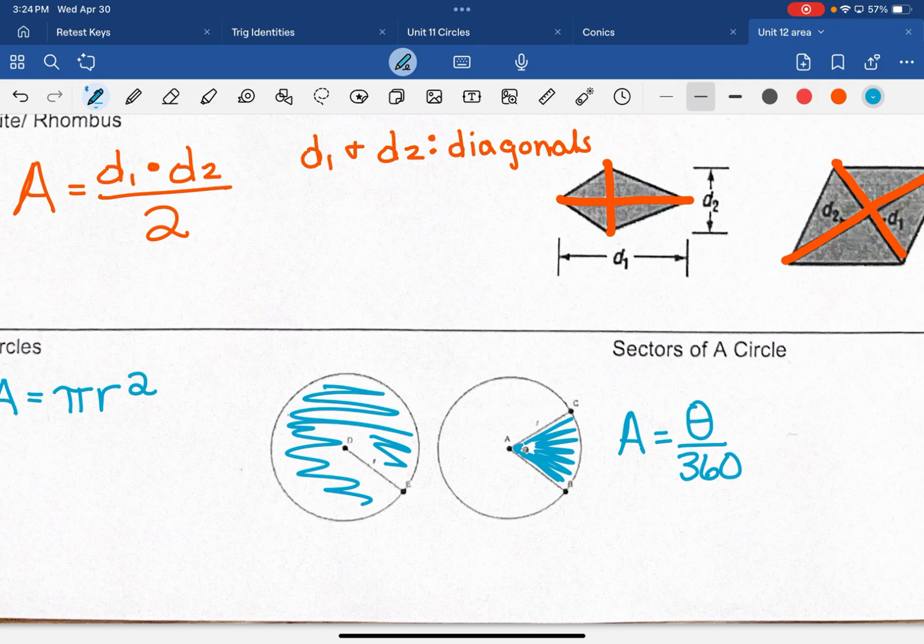And then we multiply that by the area equation, pi r squared. What does theta stand for? Angle. The degree of your central angle.